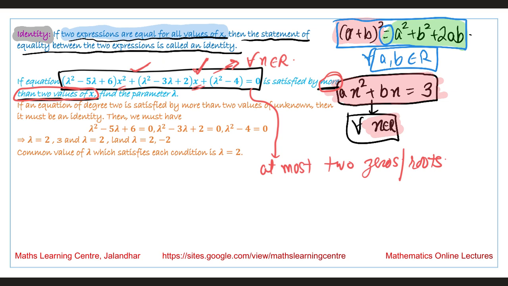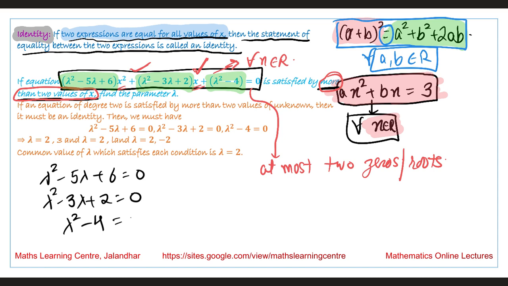And if it is satisfied for all values of x and this is an identity, then these coefficients should be equal to 0. Only then can this hold for all values of x. So we get lambda square minus 5 lambda plus 6 is equal to 0, lambda square minus 3 lambda plus 2 is equal to 0, and lambda square minus 4 is equal to 0.